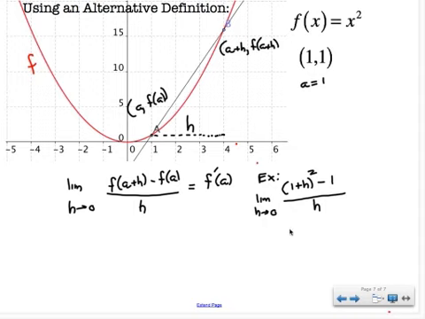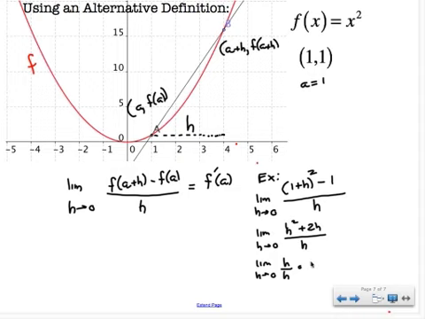I'm going to go ahead and expand the numerator. So we're going to get 1 plus 2h plus h squared minus 1. So the 1s cancel out. Nice. Still dividing by h, still taking a limit. And I notice that the numerator and denominator both have h as a common factor, and I'm going to perhaps skip a step here and already make this into two limits.